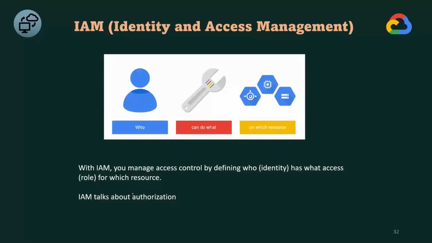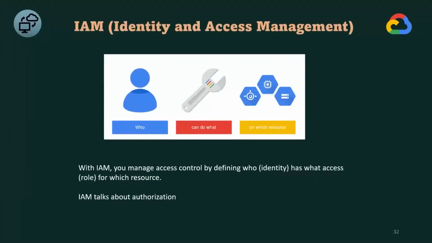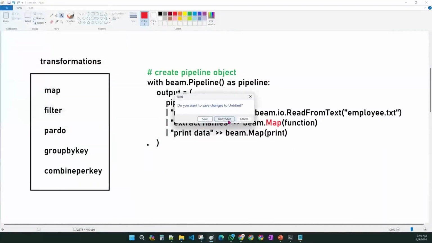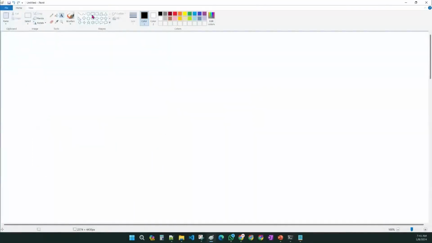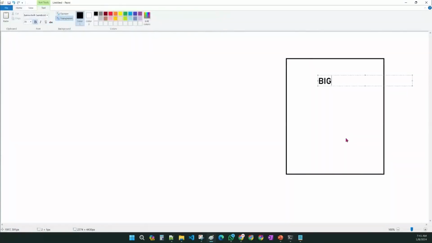Okay, so for example, assume that you are working on different services. So this is one service, this is the second service, this is the third service.